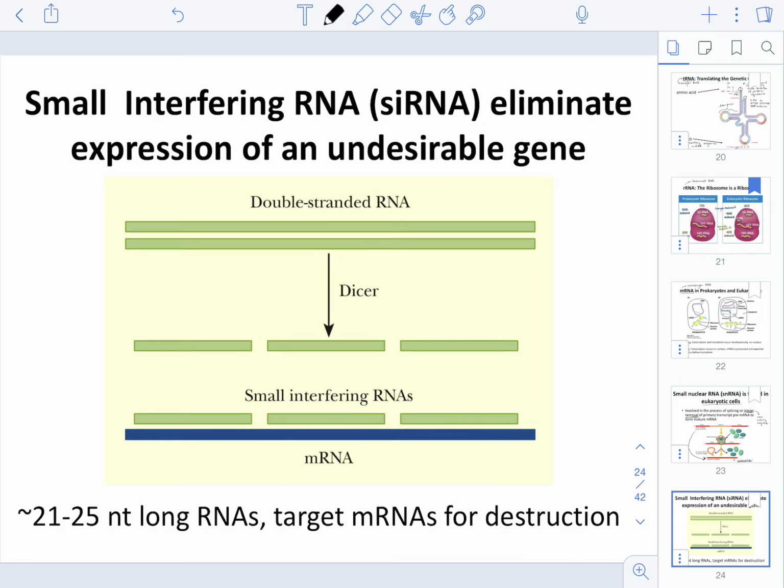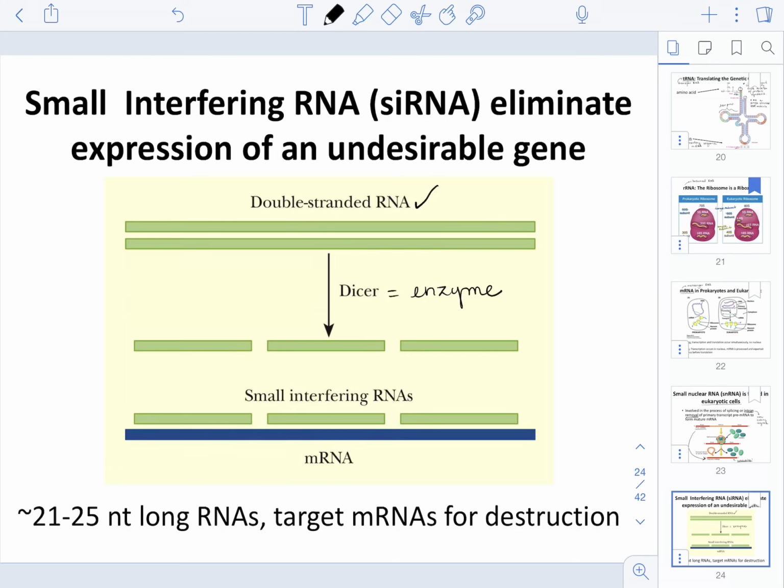This is the one that is utilized by scientists to take off or knock down some genes in a particular experiment. siRNAs start as a double-stranded RNA molecule. Dicer is an enzyme that is involved in cleaving that RNA into smaller sections.